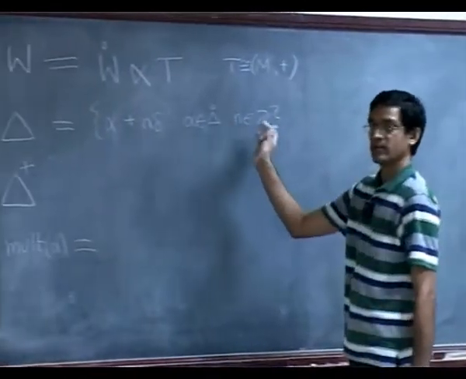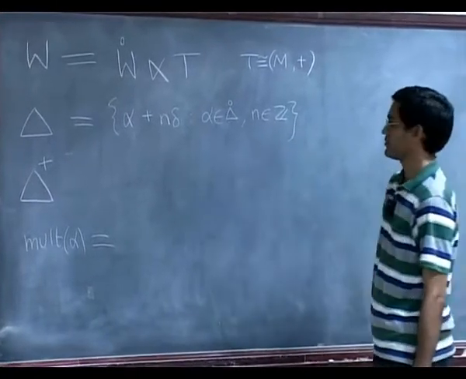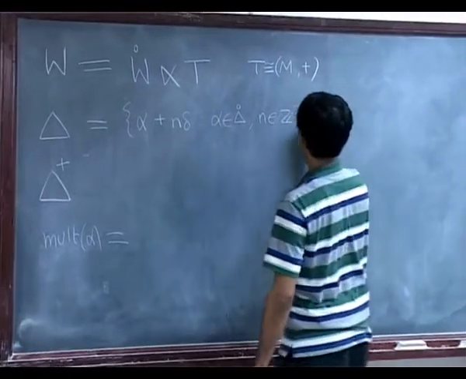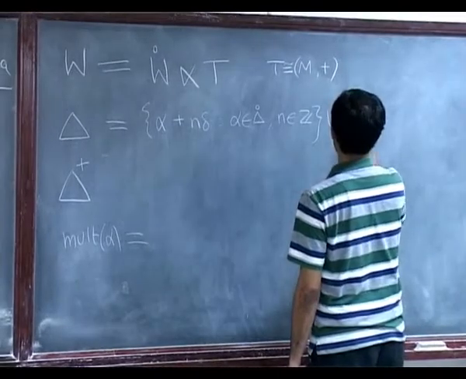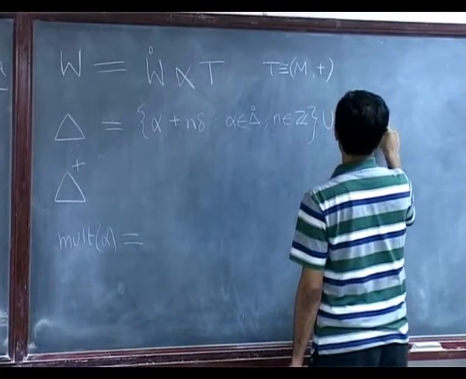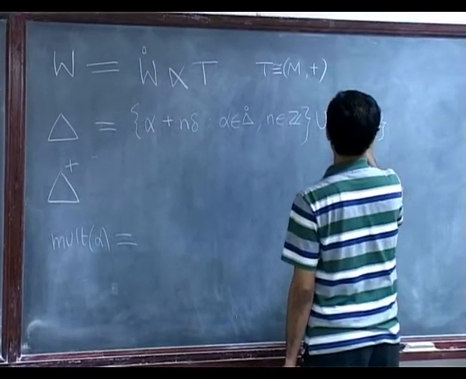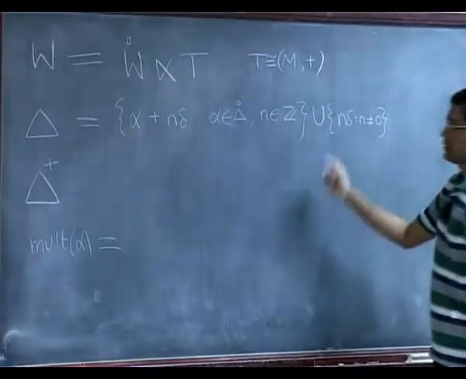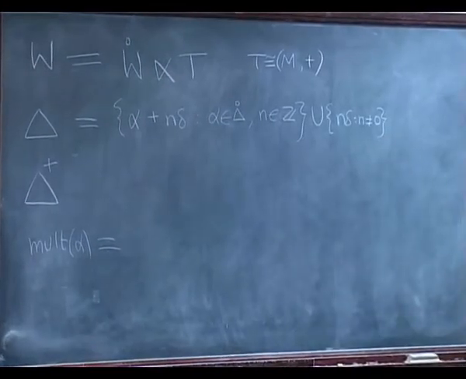Okay, that's only one set of them. Those are the real roots, if you remember. And you also have the imaginary roots, which turn out to be just integer multiples of delta other than 0. Those are the set of all roots.